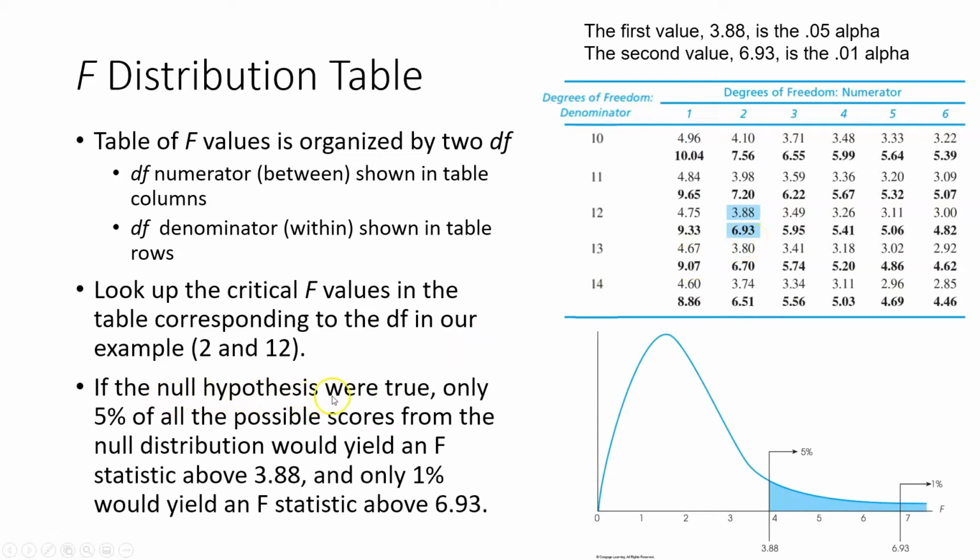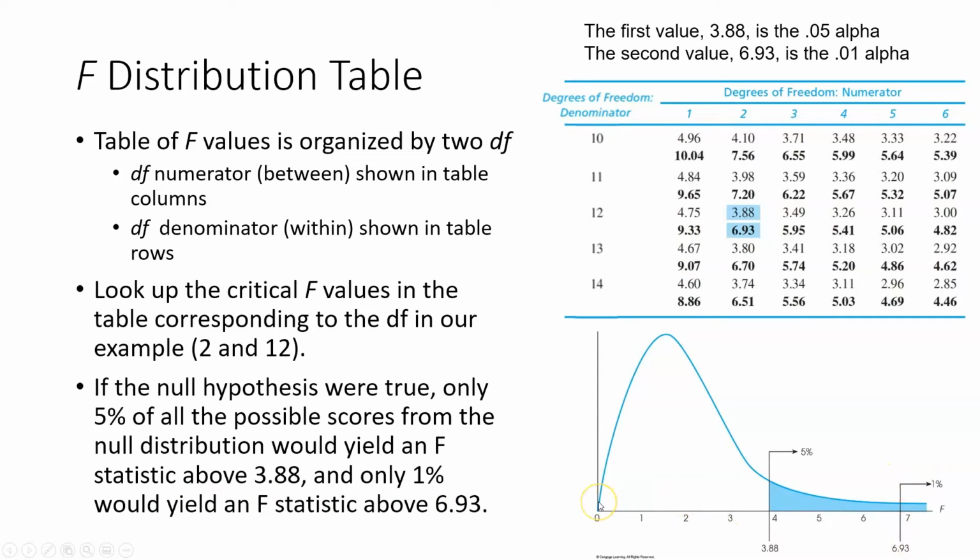So if the null hypothesis were true, only 5% of all the possible scores from the null distribution would yield an F statistic above 3.88. Right here, marked in your chart right here. And only 1% would yield an F statistic above 6.93. This second value, which is marked right here.